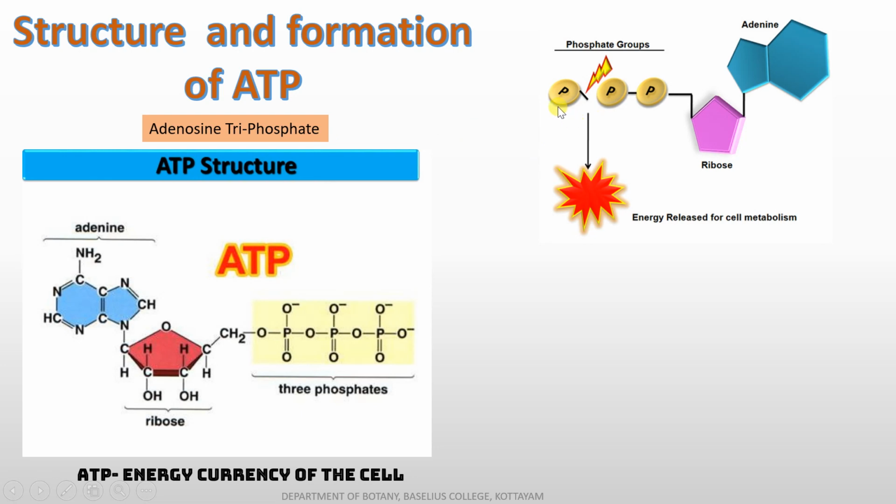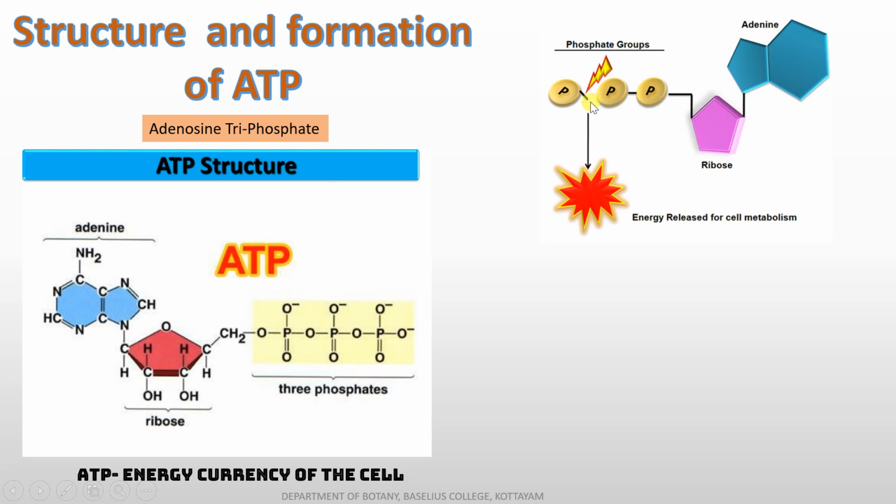If one phosphate is removed from here, then it is adenosine plus 2 phosphates. So that condition is ADP, adenosine diphosphate. If only a single phosphate is attached to adenosine, then it is adenosine monophosphate.